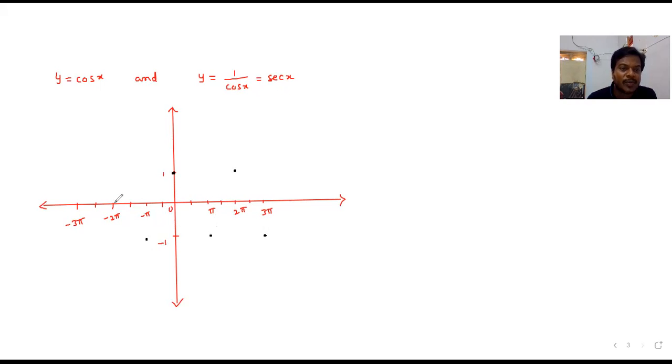Cos of minus 2 pi, cos 2 pi, that is plus 1. Okay. That means we get the graph in this way.